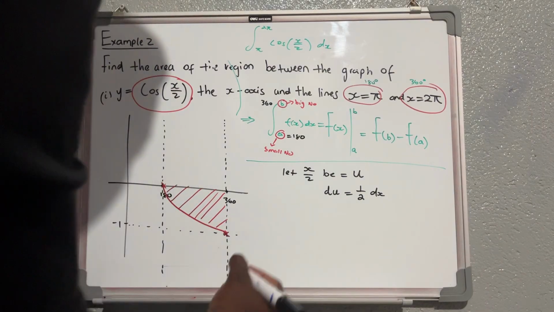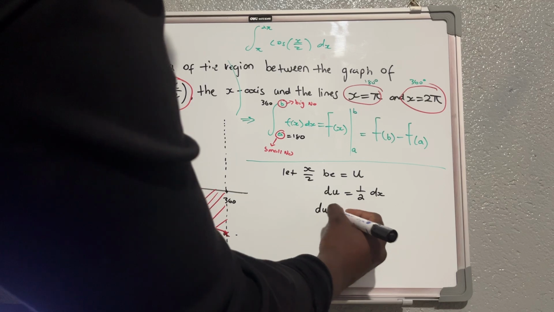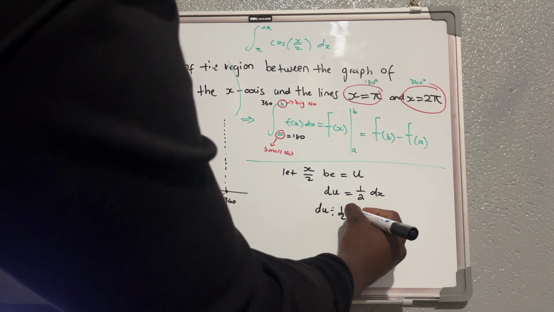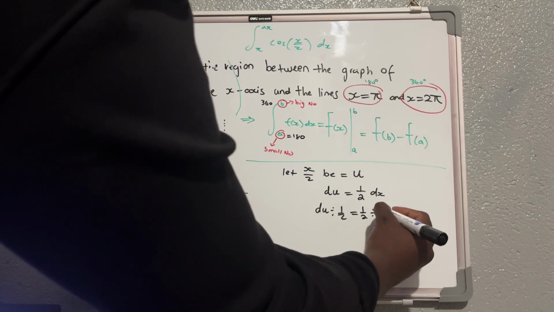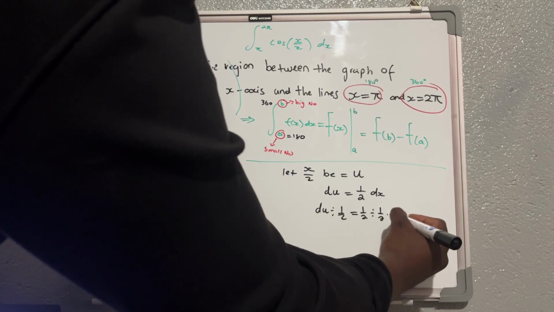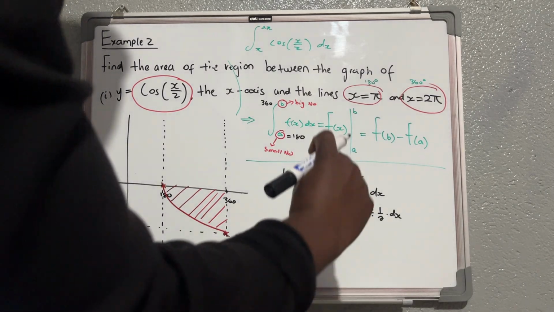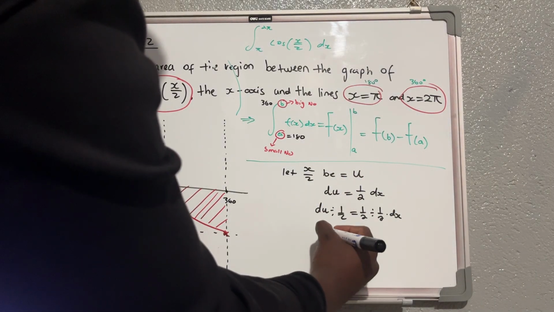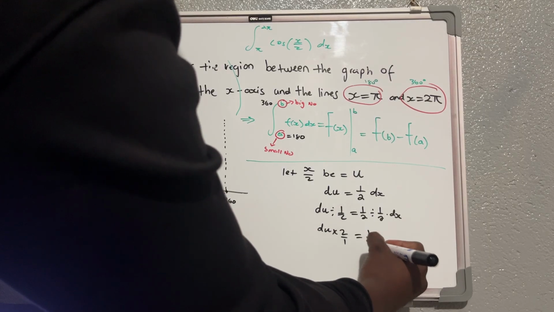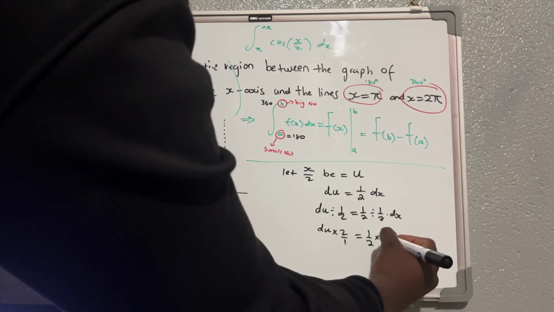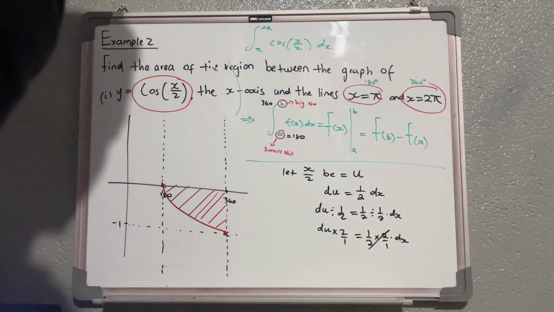So what are we going to have? We're going to divide, so we have our du divided by 1 over 2, equals 1 over 2 divided by 1 over 2, we have dx. Dividing by this is the same as multiplying, because we just turn it over, so we have du multiplied by 2 over 1, equals 1 over 2 multiplied by 2 over 1, multiplied by dx. These ones will just cancel each other.